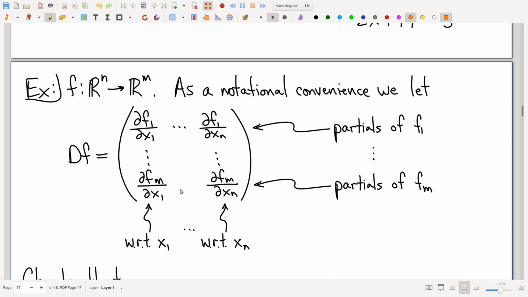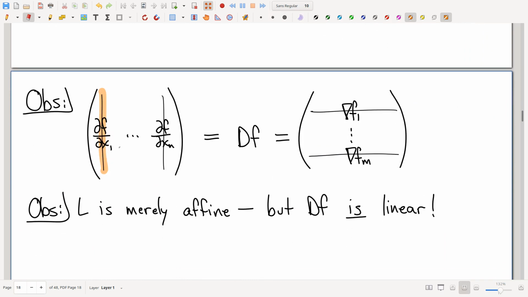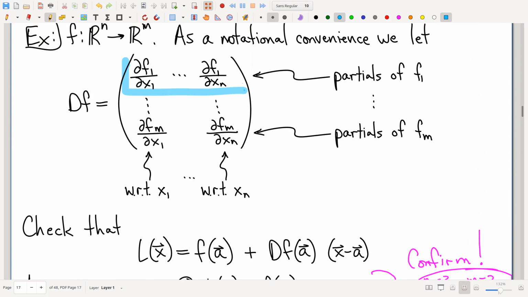The less obvious observation, but very much worth noting, is that the rows are gradient vectors. And again, you just have to look at the formula to see that, sure enough, it is. Let's look at this first row, and I see that I'm taking all the partials of f1, specifically all the partials of f1 with respect to all of its input variables.